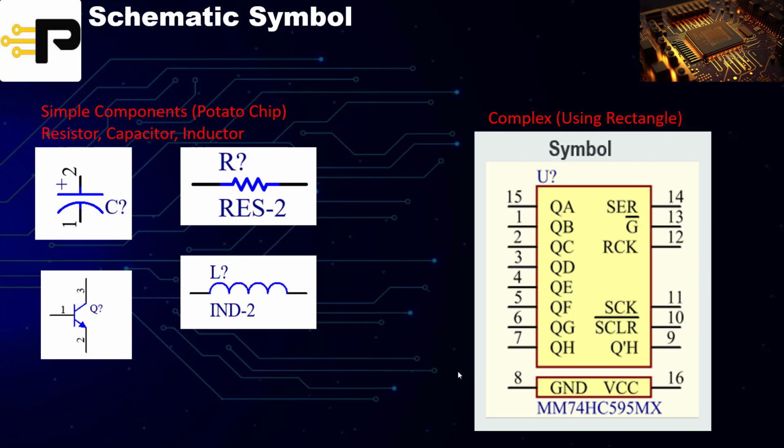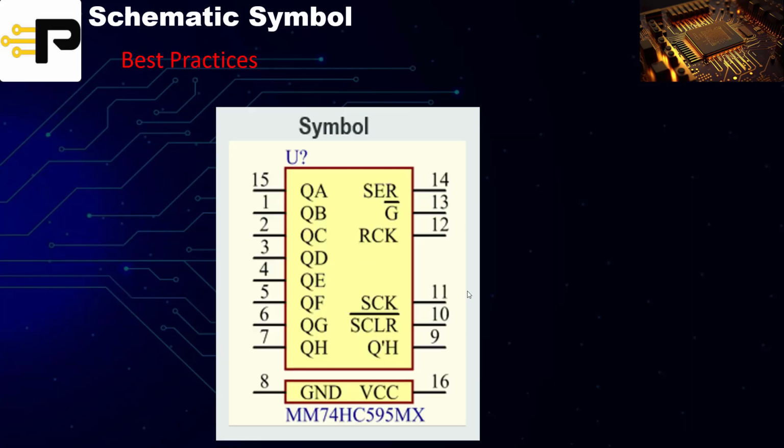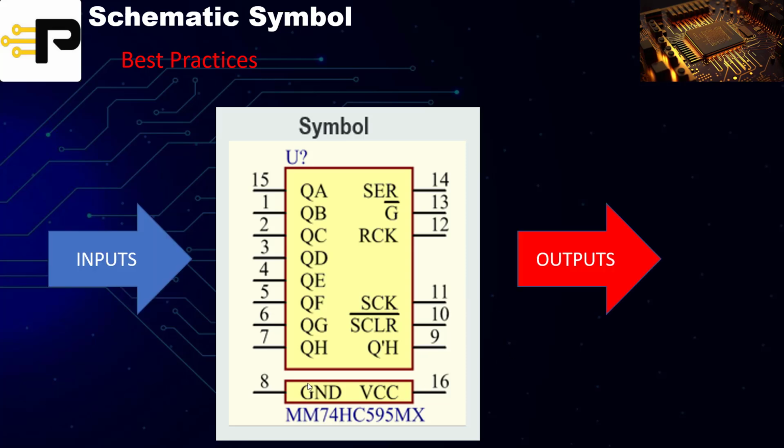There are also complex components, and a lot of times these use multiple pins, rectangles, and different shapes. Looking at some best practices when you're creating a symbol for your library, first off, you want your inputs on the left and your outputs on the right.